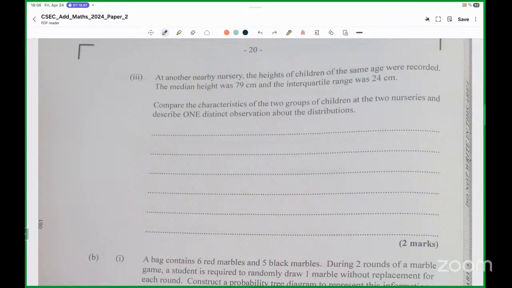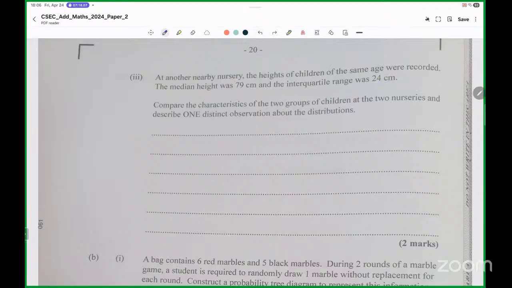I guess they want us to do a box and whisker sketch to see the skewness of the two so we can compare them.